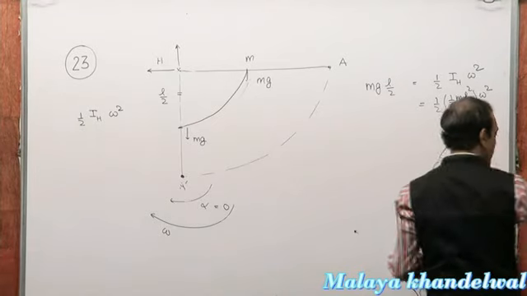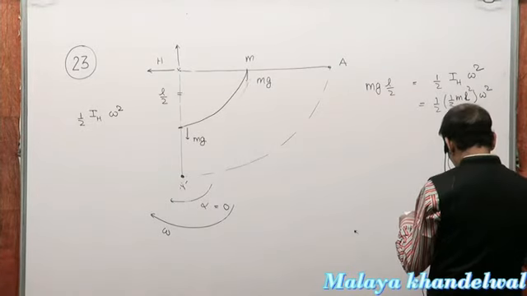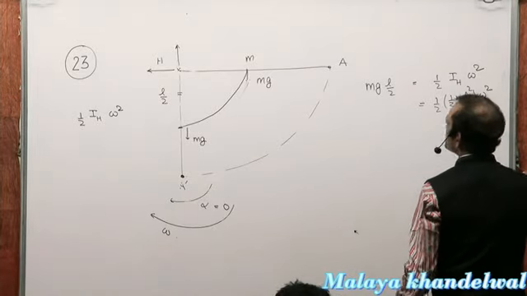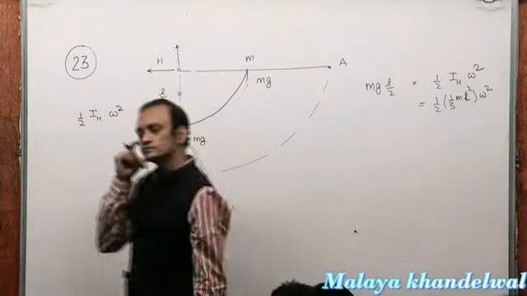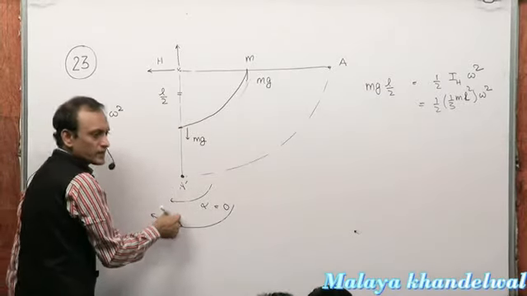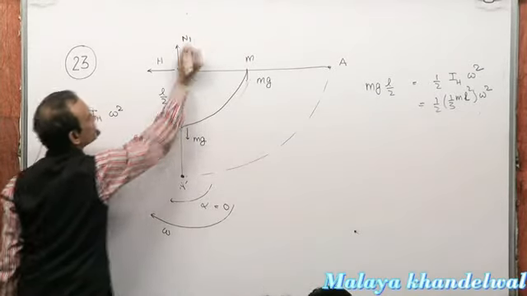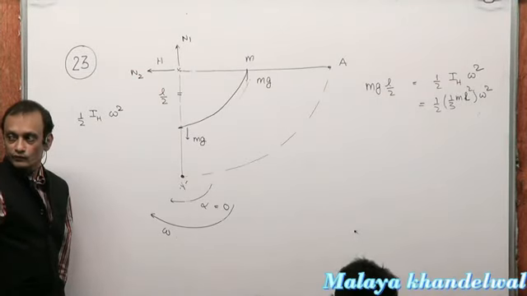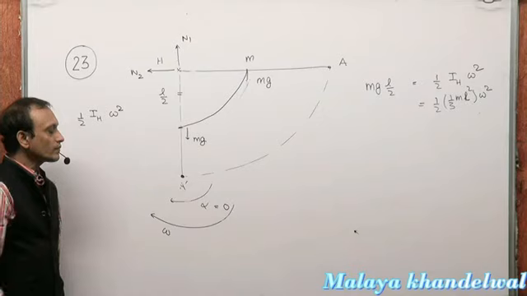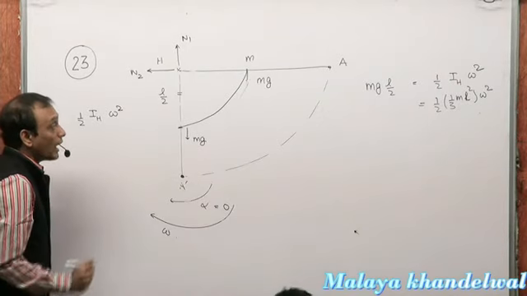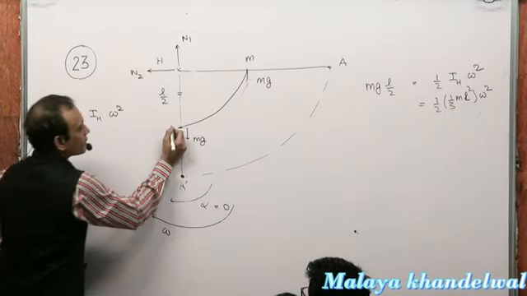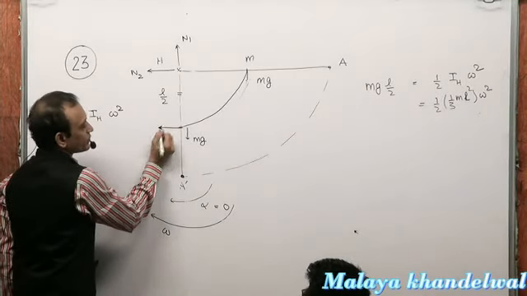Then what else do we have in this? Hinge force when the rod becomes vertical. So when the rod has become vertical, I want to find the hinge force, N1 and N2. Alpha is 0. Right? Look at the center of mass.